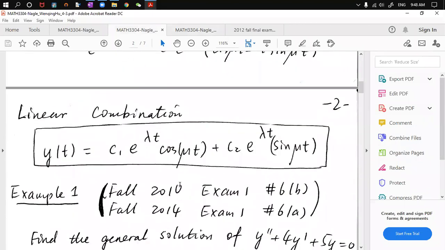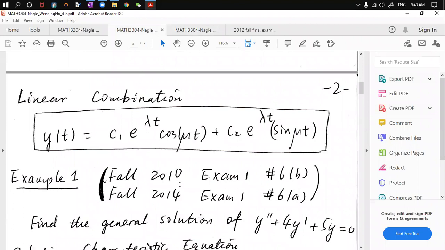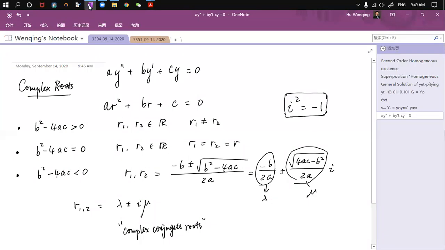Okay, so there is going to be a solution that we would like everybody to memorize. We're going to say that the real part enters the exponential and the complex part enters sine and cosine.